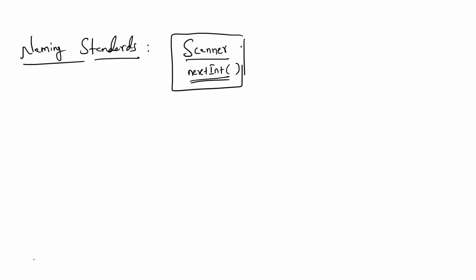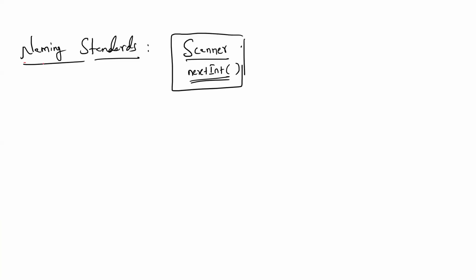Just now, if you remember, the Scanner class is a predefined class. Correct or not? Java developed this. The nextInt is one predefined method. Java people have developed this. In this, they are following some naming standards. What are those naming standards? Why should we follow them? That is our next concept.